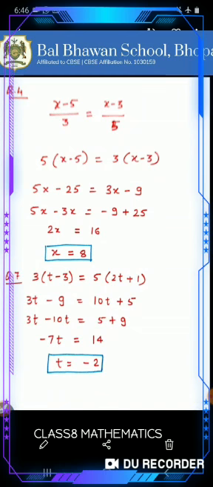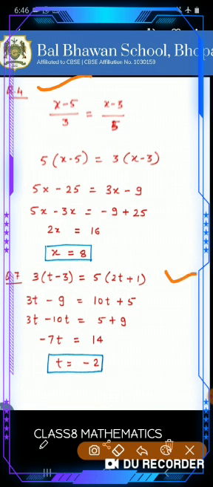Our next questions are question number 4 and question number 7. Question number 4, we have two fractions. One fraction is (x minus 5) upon 3 on the left hand side and (x minus 3) upon 5 on the right hand side. Whenever we have single fractions on both sides, what will we do?